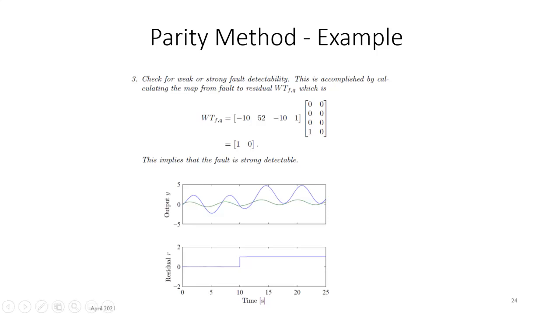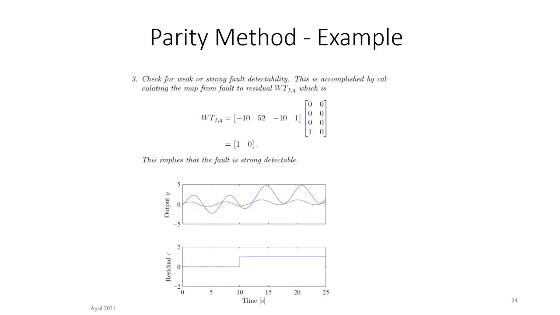I have also simulated that. In this simulation, I have applied a fault at time t equal to 10 seconds, and you will see this deviation in the residual. The residual has been 0, and now it is non-zero. But I also mentioned at the beginning of the lecture that in today's lecture, we don't consider noise.